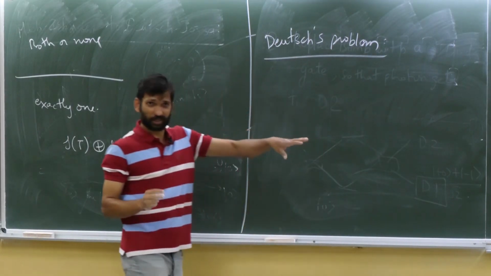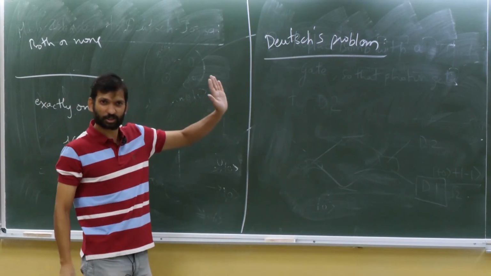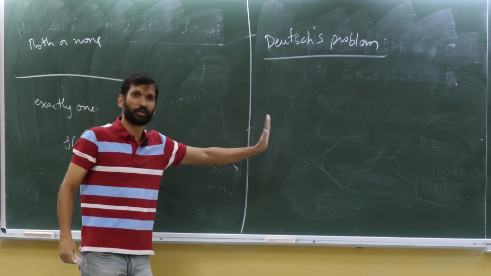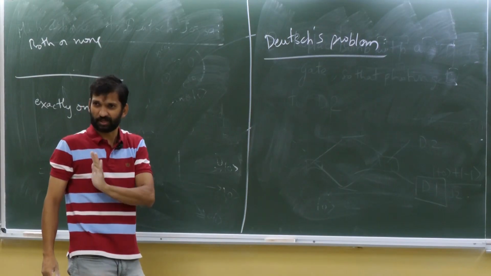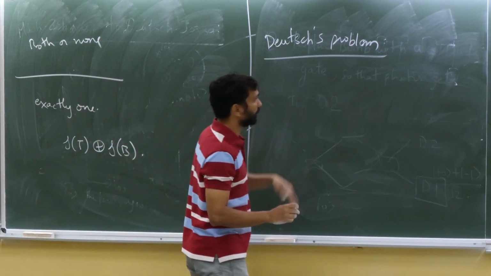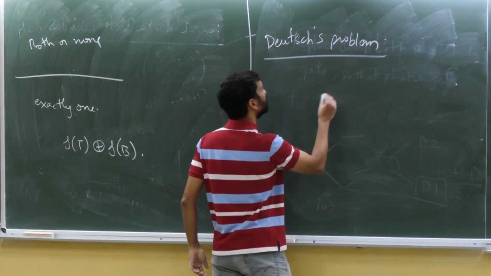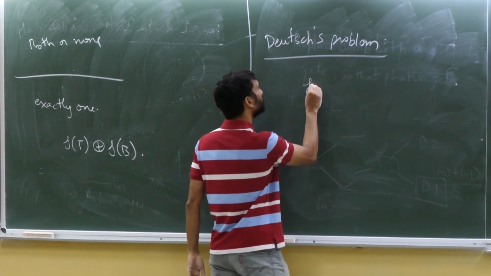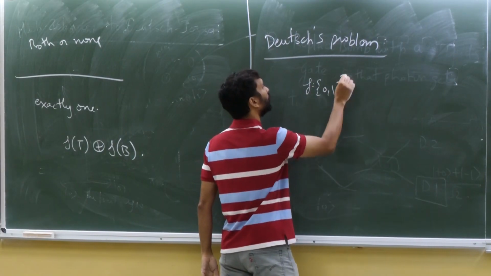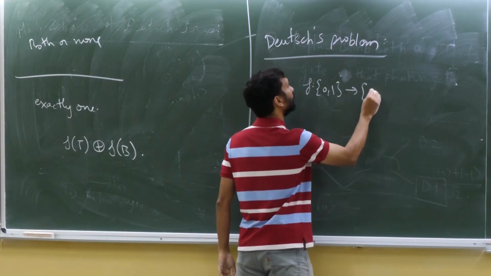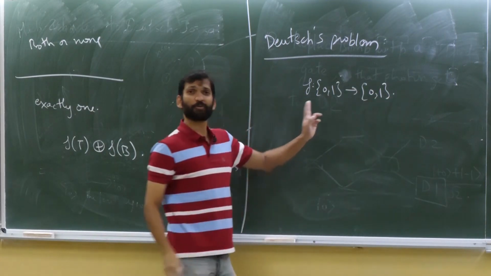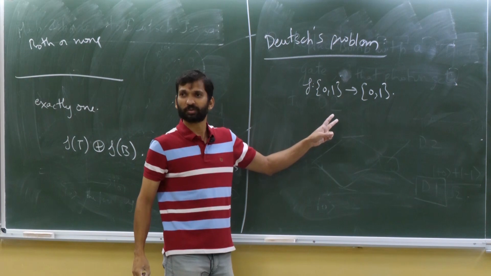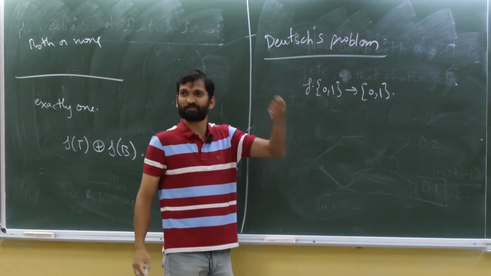Okay, so again, reset. Let's just look at this problem. We will draw the analogies very, very soon. I think the analogies are quite clear now, but let's not get into that. So, what is the Deutsch problem? You have a function from 0, 1 to 0, 1. Okay, that means there is f0, there is f1.